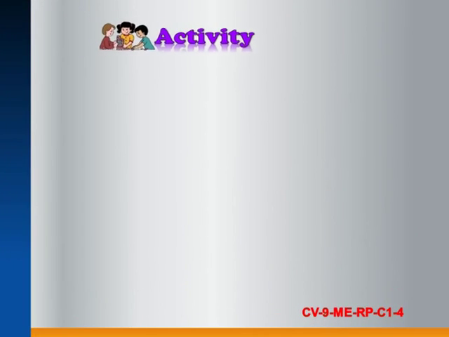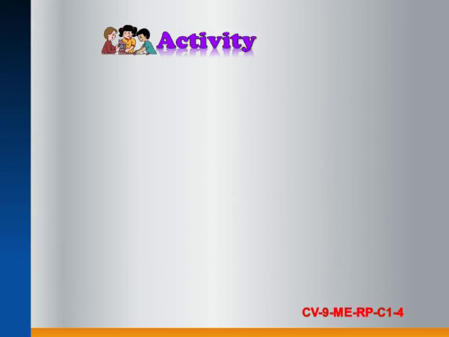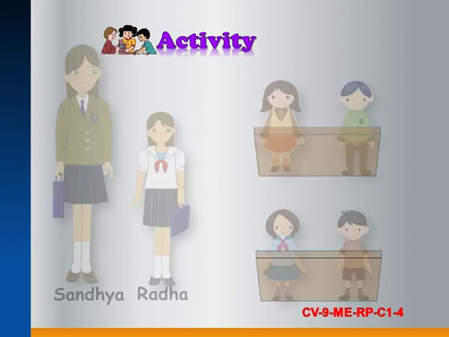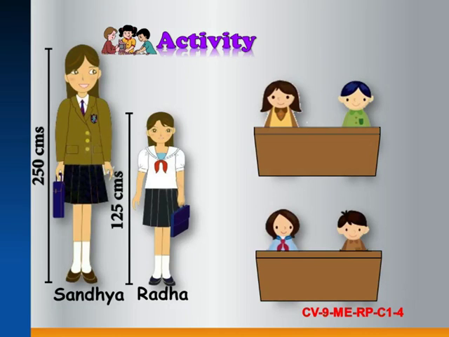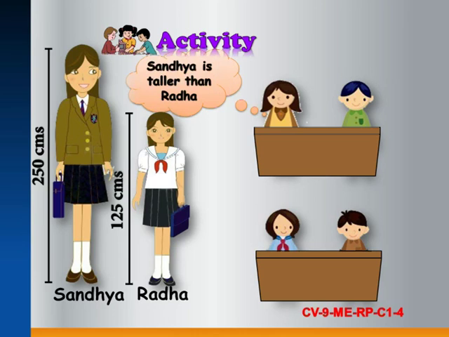Here is an activity. Here is a picture of two friends, Sandhya and Radha. Sandhya is 250 centimeters tall and Radha is 125 centimeters tall. Children, write all possible ways of comparing the heights of Radha and Sandhya. 1.